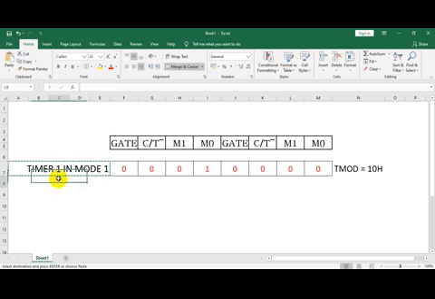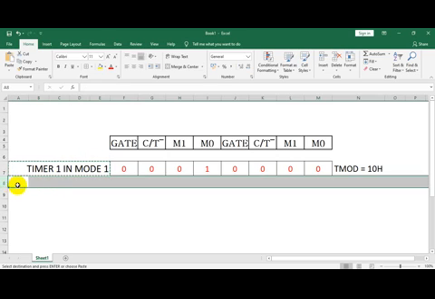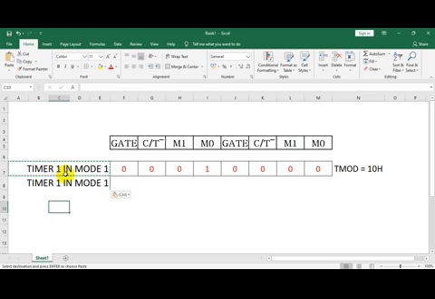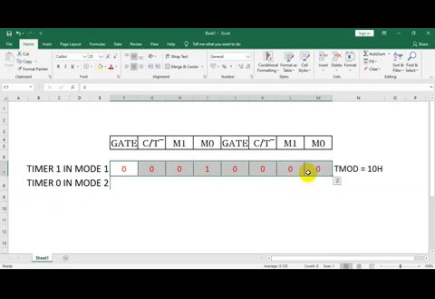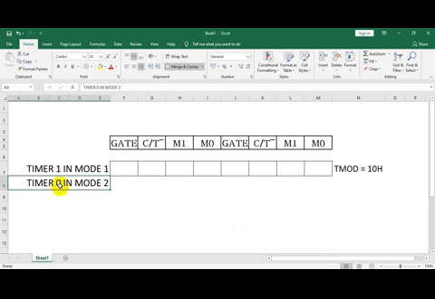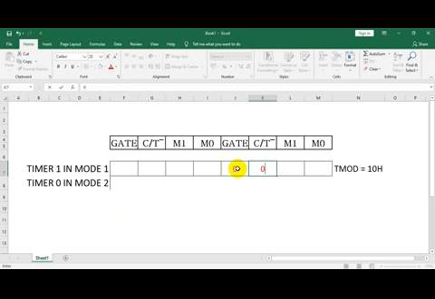Suppose you want to configure timer 1 in mode 1 and timer 0 in mode 2. As I said, both timers are independent. First we configure timer 0 in mode 2. Gate will be 0 and we are using it as a timer.